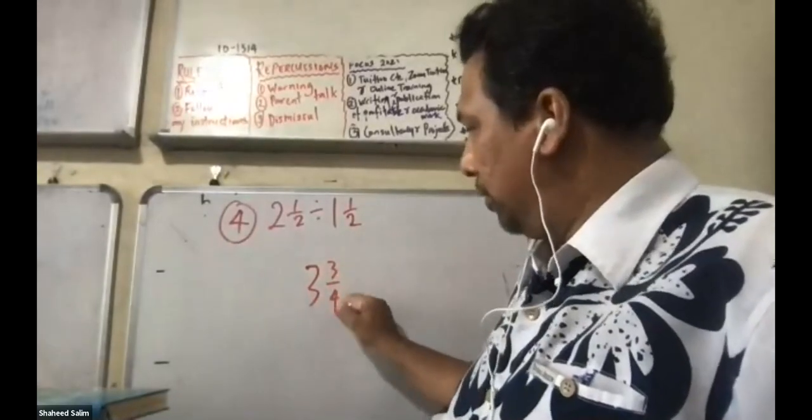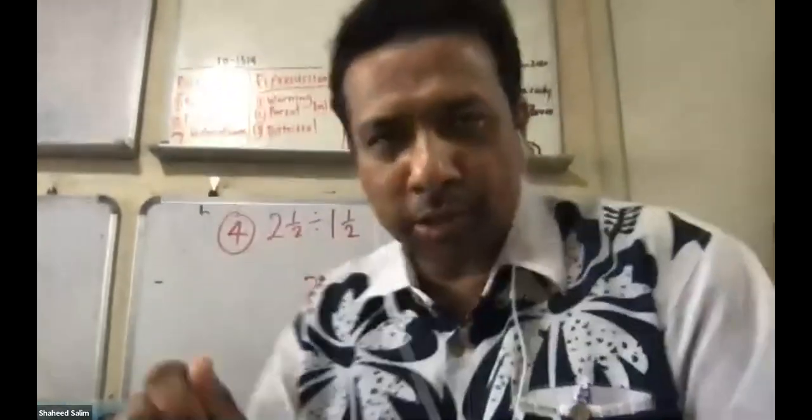Three over 4. Your answer is 3/4. Can I have a look at your working, please? Just put it up. Show me.